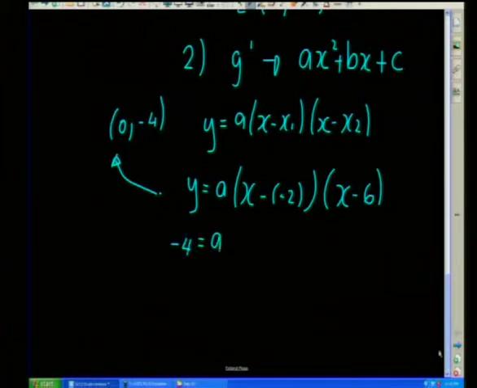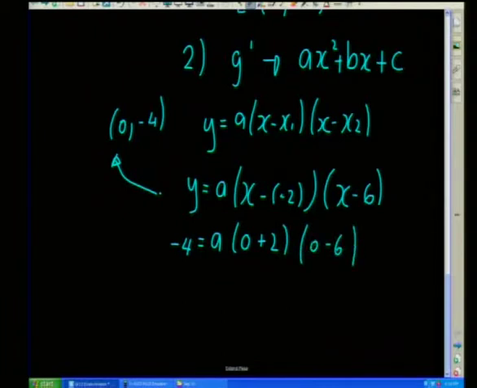So therefore I get a times (0, minus times minus is a plus, so this would just be plus 2), and then 0 minus 6. Okay, so I'm going to get minus 4 is equal to a times 2 times minus 6, which is going to give me minus 12.